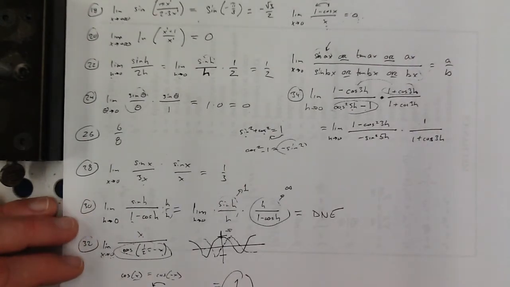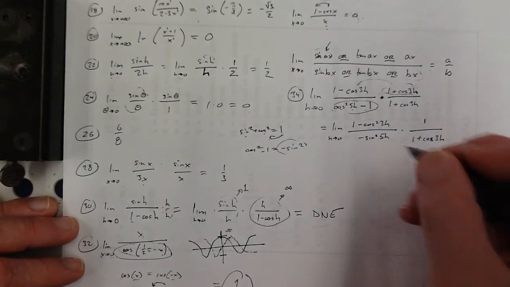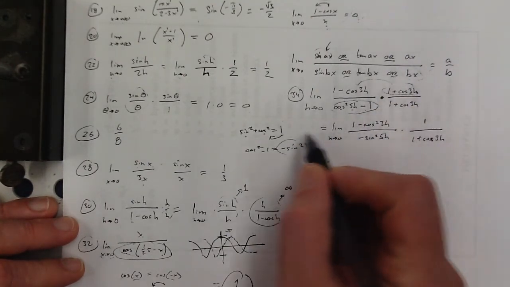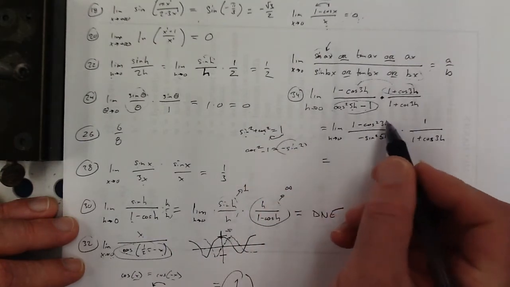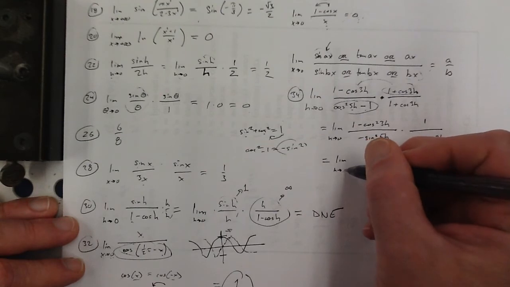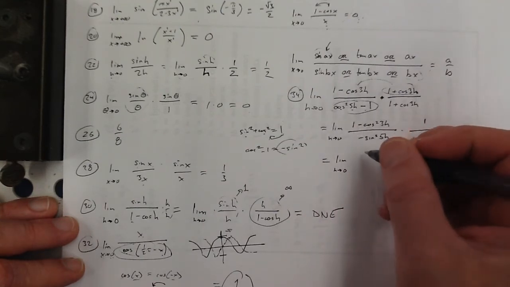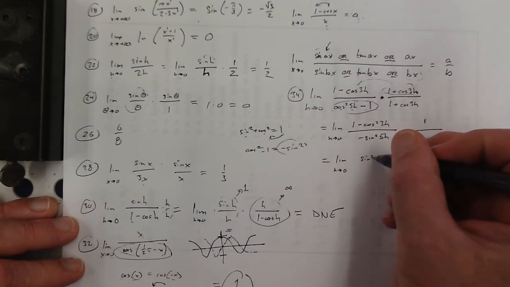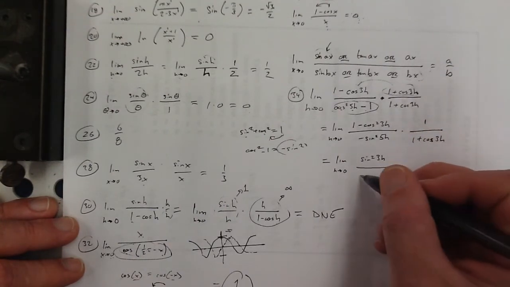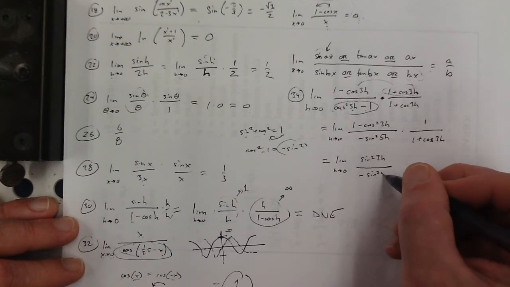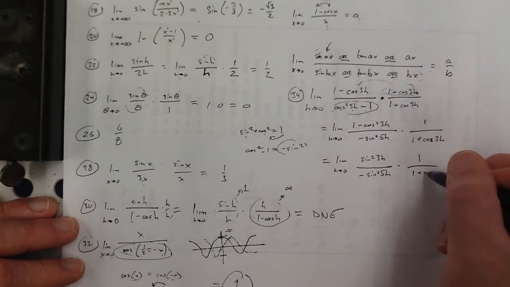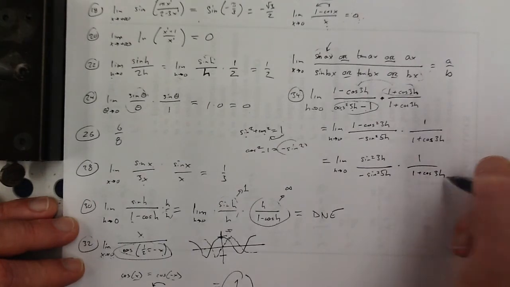Right? Okay, now what? So now, why did we do this? Because 1 minus cosine squared is equal to sine squared. So that's the limit as h approaches 0 of sine squared 3h over minus sine squared 5h times 1 over 1 plus cosine 3h.